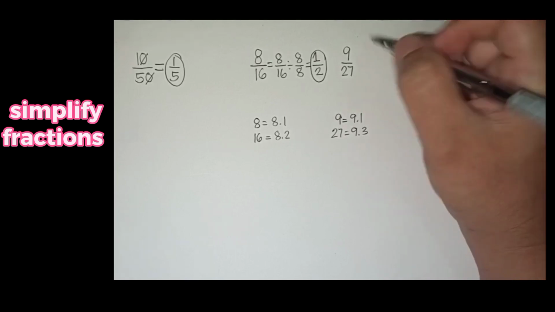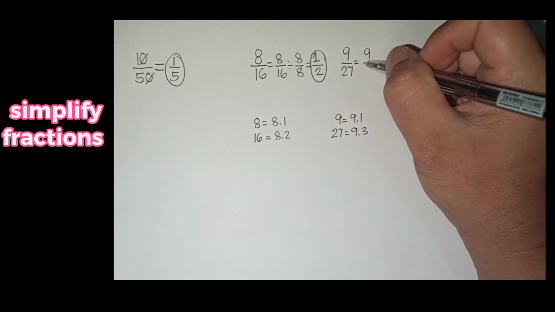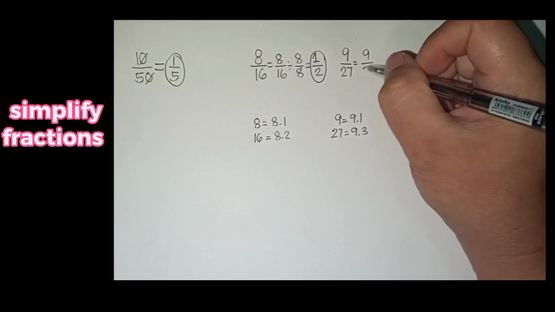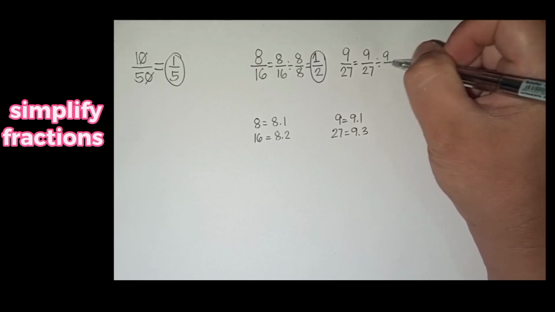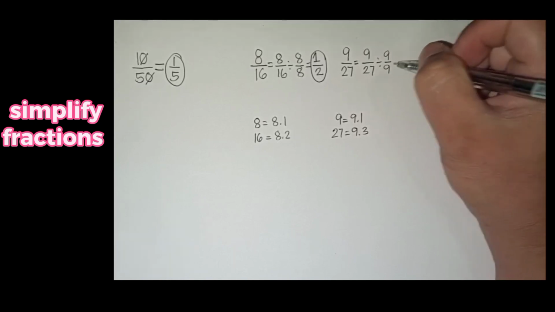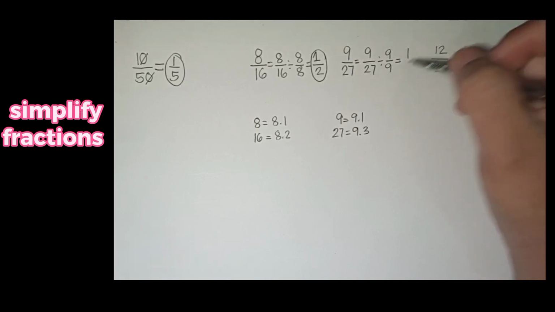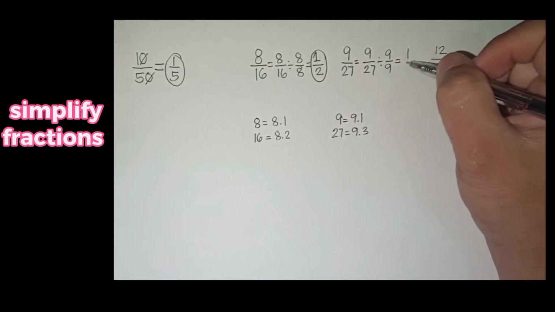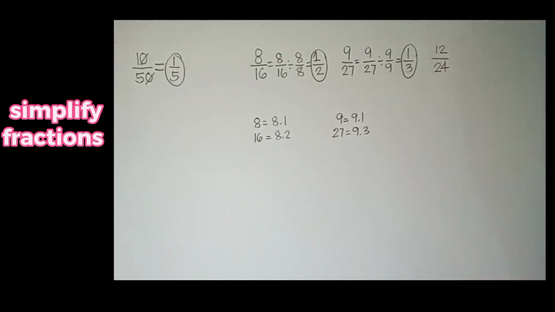So we have to divide both the numerator and the denominator by 9. So 9 divided by 9 is 1, 27 divided by 9 is 3. So the answer is 1/3.